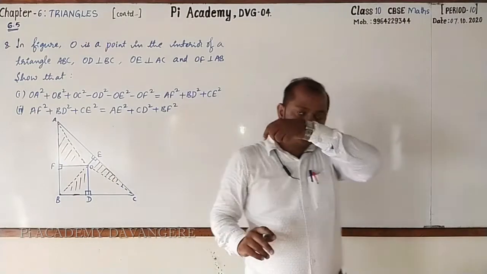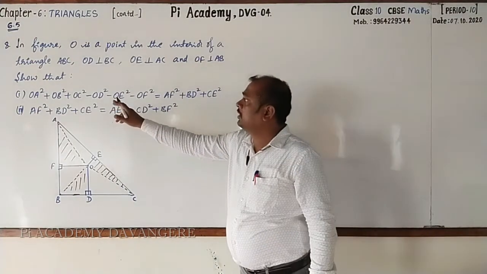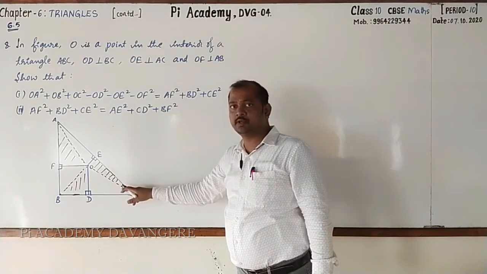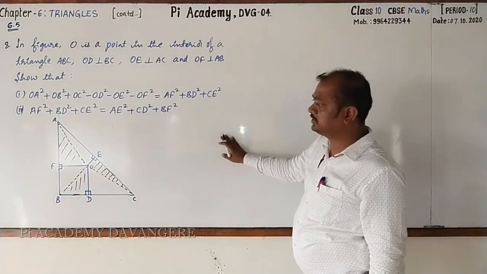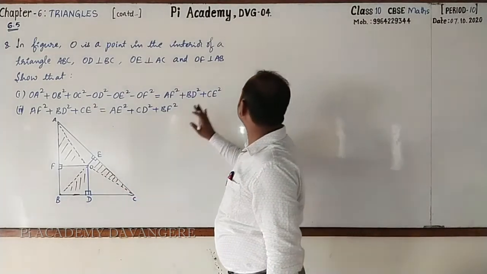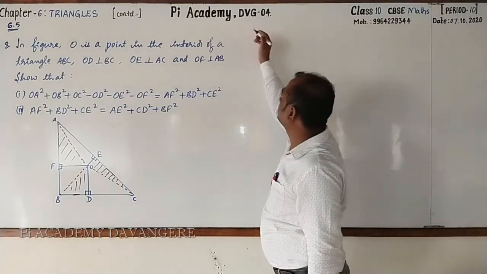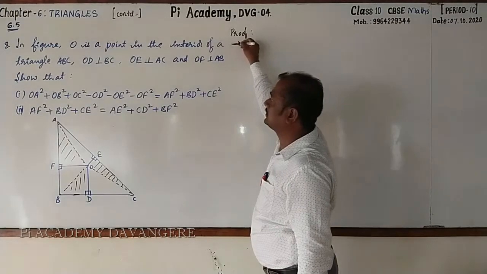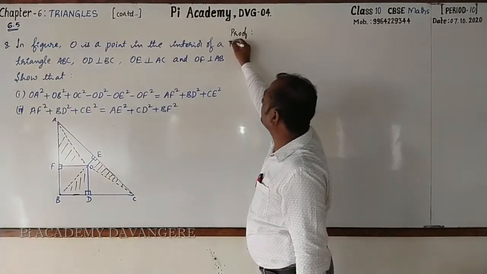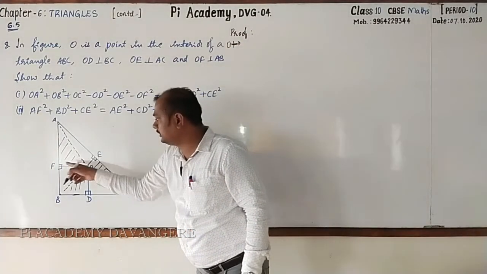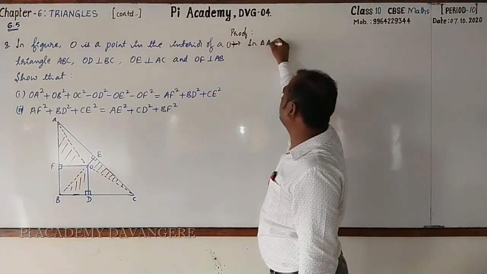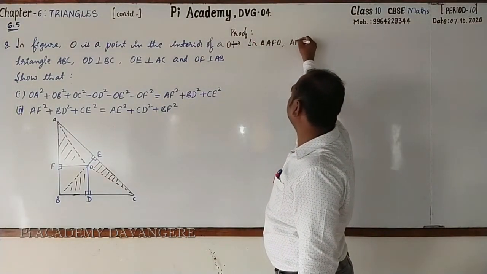Dear students, copying the statement with drawing this geometrical figure, you can start writing with me. Yes, let me start from here. This is proof. Yes. First, I'll go for taking the triangle AFO. Right. In triangle AFO, angle AFO is 90 degree.